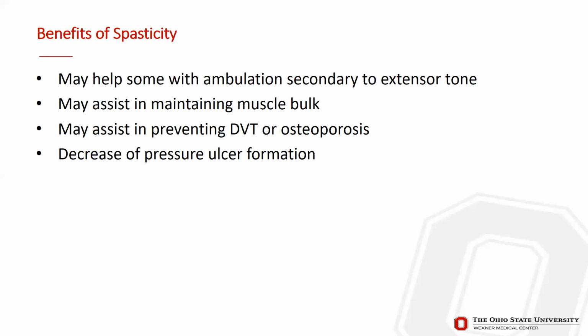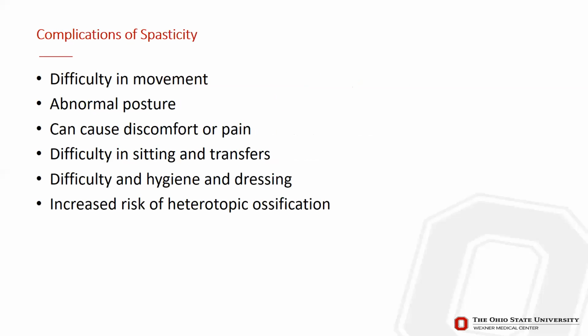I'm like, is it functional for them? Is it useful for them? Why do I take away something that they're using to help them? But there's lots of complications too. Like I talked about before: difficulty with movement, abnormal postures, discomfort or pain, difficulty with sitting and transfers, hygiene, dressing.